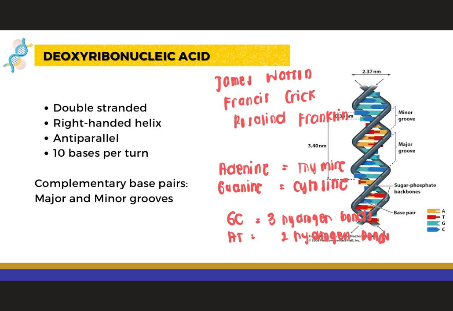Okay? So, with regards to orientation, the two strands are anti-parallel. So, one strand runs in a 5' to 3' direction, and the other strand runs in 3' to 5' direction. So, with regards to the grooves of the DNA, we have two. We have your major and minor grooves. So, these grooves often acts as a site of DNA protein interaction needed for the regulation of gene expression.